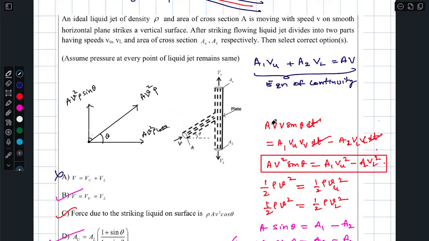After the liquid is going up, the one which is going up will provide a downward thrust for you. Right or not? And the one which is going down gives an upward thrust for you. So this should balance with A1 V upper square rho and A2 V lower square rho. Agreed?